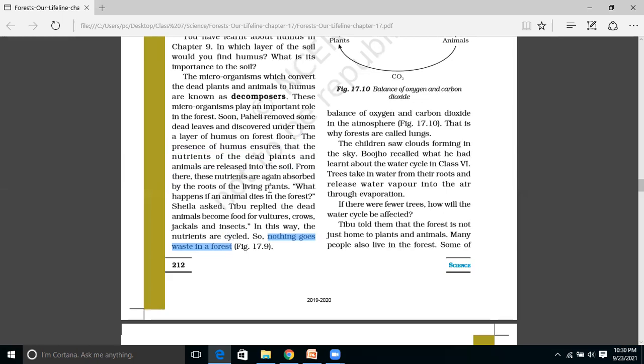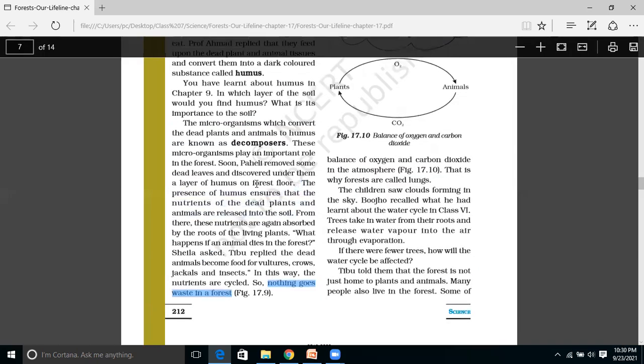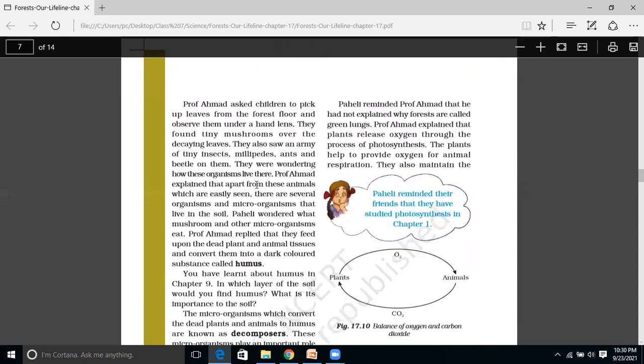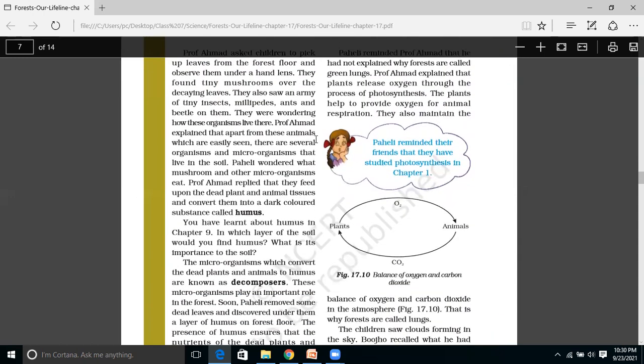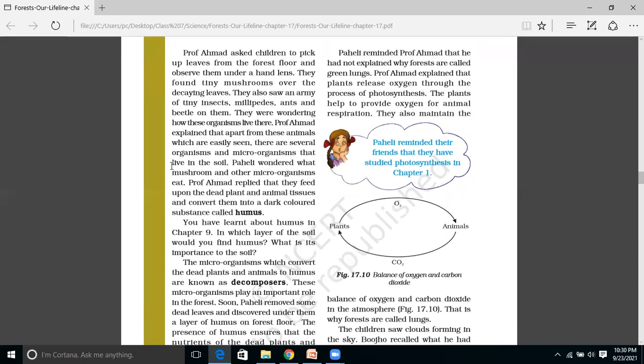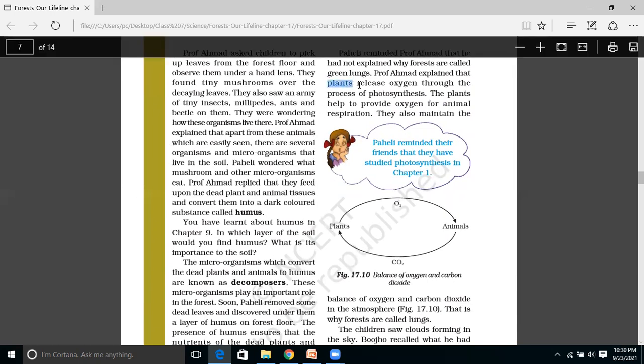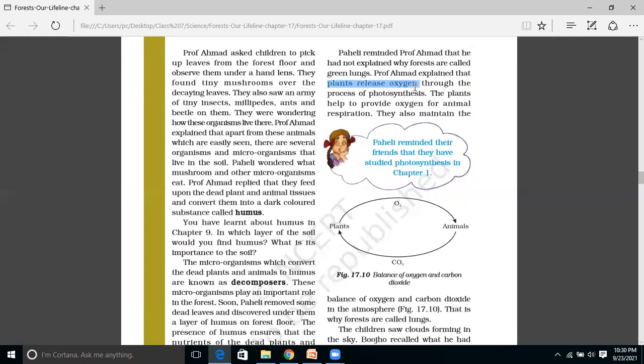Then the professor also said that forests are called green lungs. So everybody was wondering what is the meaning of green lungs. We know that plants provide us with oxygen. And how do they produce oxygen? They produce it through photosynthesis. And oxygen is required for respiration, for humans and even plants.